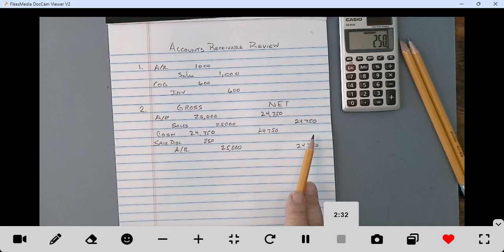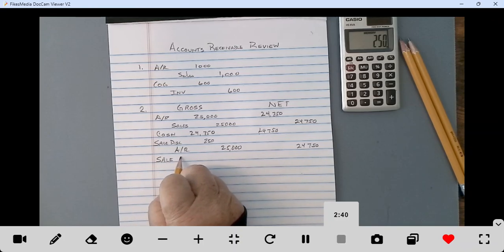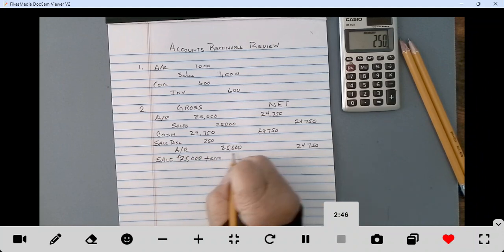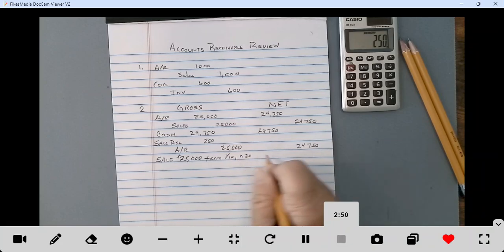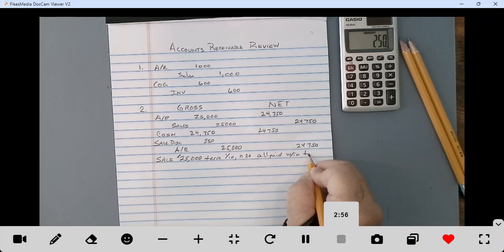The net method is used if most of your accounts receivable customers take the sales discount. So we had a $25,000 sale. Terms were 1% 10, net 30, all paid within terms.